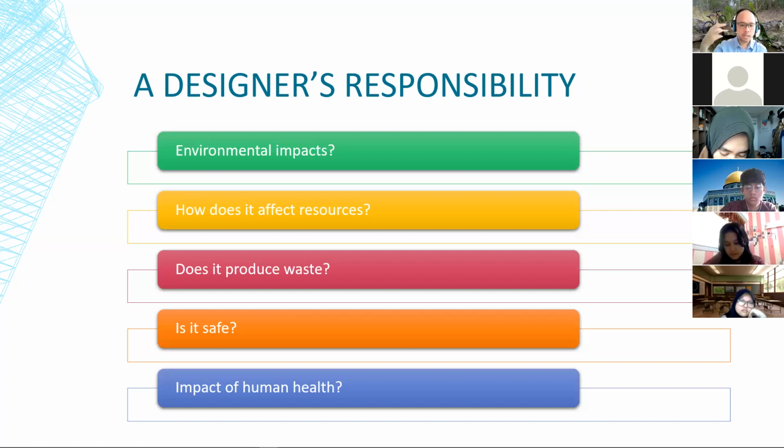Now, this complete cycle analysis is not a cradle to grave or beginning to end of life design, but is commonly referred to as cradle to cradle design. So the birth of a product, the life of a product, and beginning a new life through the reuse and the recycling of the product.